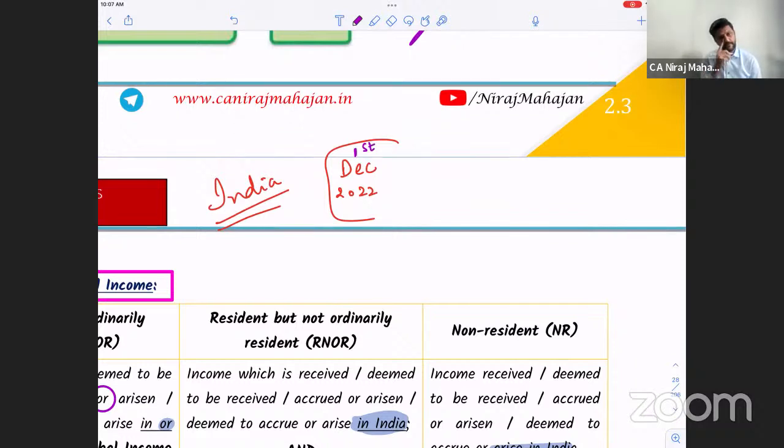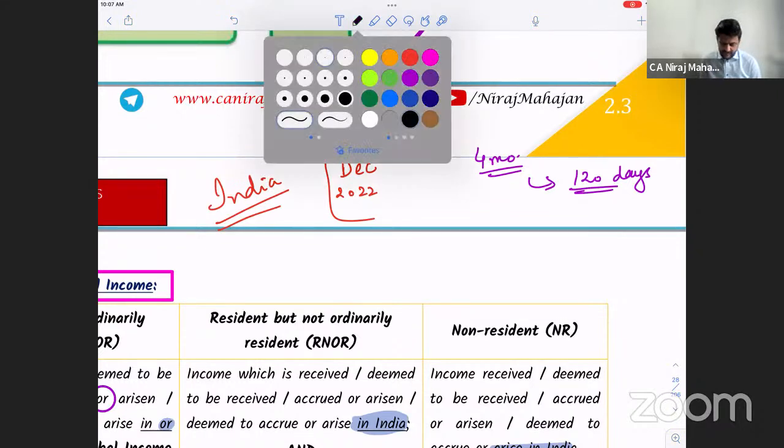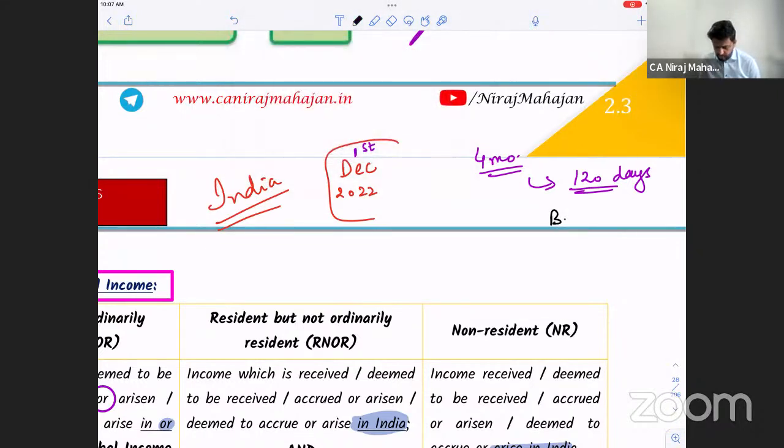Before that, he was always in India. That is December to March, 4 months, let us say 120 days. I'm not doing the exact calculation. In normal cases, pay attention now, even if basic condition number 1 is not satisfied, agreed or no?